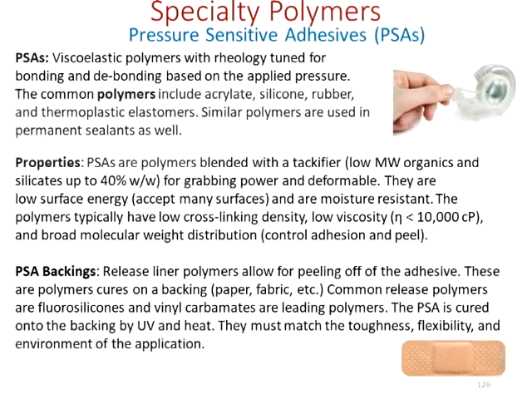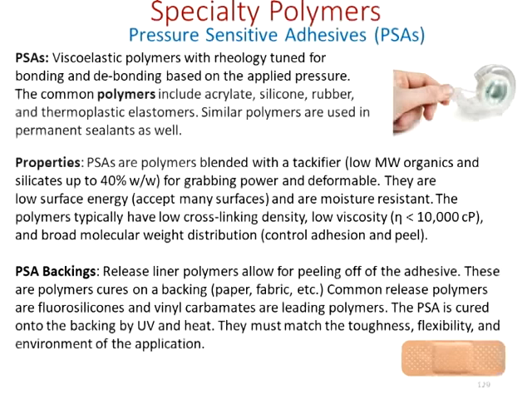Okay, they're low surface energy, as we pointed out. And they accept many surfaces and are moisture resistant, and that's an important feature of a good PSA, that it really doesn't care about the moisture. Yes, some of them stick better if there's no moisture around, but overall the moisture doesn't stop you from being able to use a pressure sensitive adhesive.